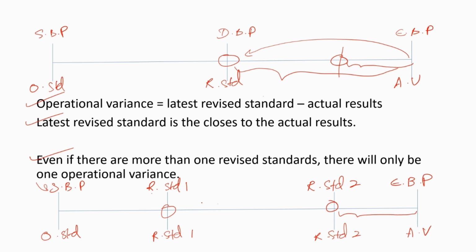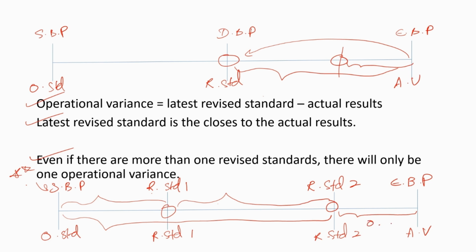But when we consider the planning variance, this is the total planning variance, but there are two planning variances between these two sections. Which is why it is said here, even if there is more than one revised standard, there will only be one operational variance. As you can see, this is the only operational variance in this example.